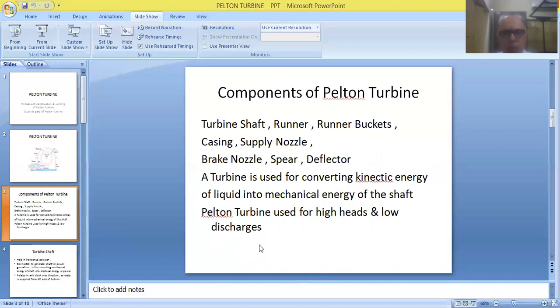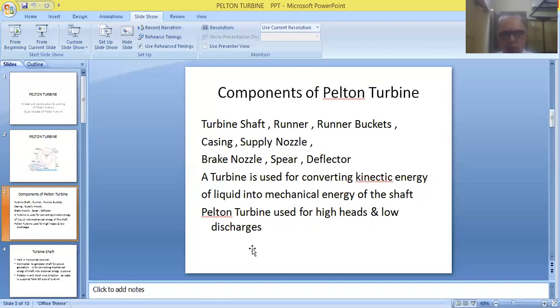All these things are mentioned. And also, the definition of the turbine is given in this slide. Naturally, it's used for converting the kinetic energy of the liquid into mechanical energy of the shaft. So that is given in the form of a definition.